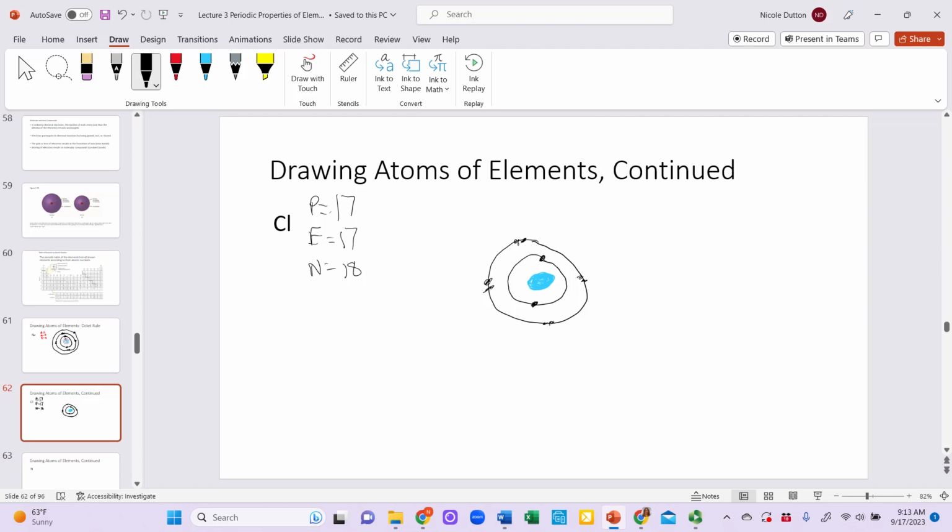So now we have 10 electrons here, so we actually have to draw another orbital. And this time we have 7 electrons left to draw. So 4 corners method, 1, 2, 3, 4, 5, 6, 7. So we have 7 electrons in the outer shell.